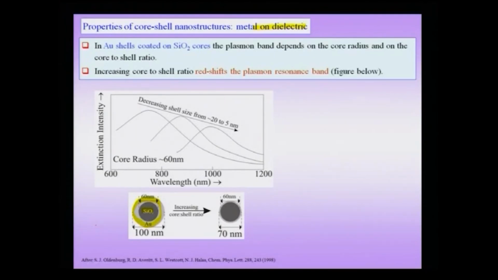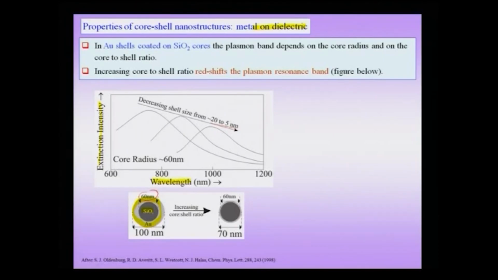And we consider a case where we keep the core radius or core diameter constant, and this core diameter is 16 nanometers. What we do is we just change the shell size from about 20 to 5 nanometers. We keep on changing the shell size, and we study the extinction intensity as a function of the wavelength.